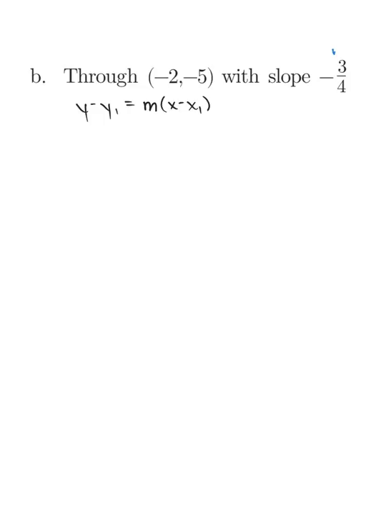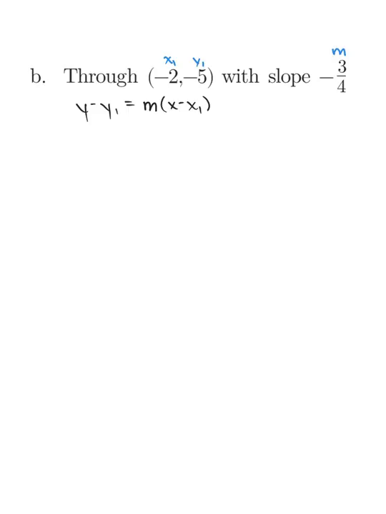So my slope is -3/4. I'm going to plug that in for m. -2 is the x-coordinate of the point. That's going to go in for x1. And -5 is the y-coordinate of our point. So I'm going to plug that in for y1.